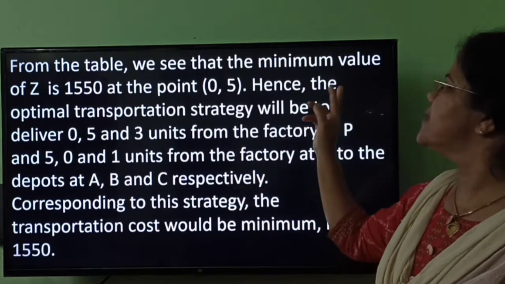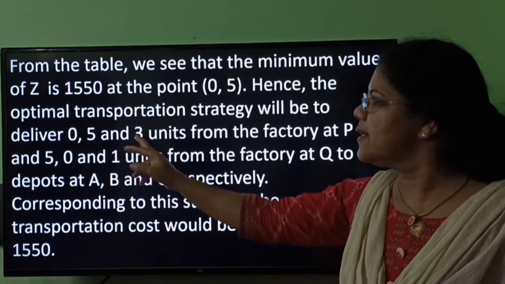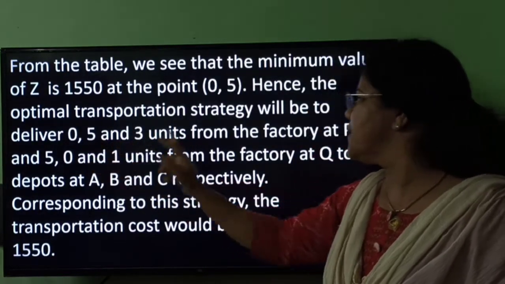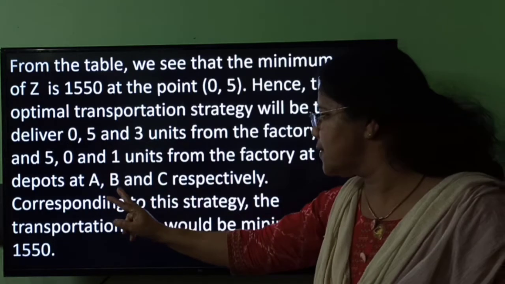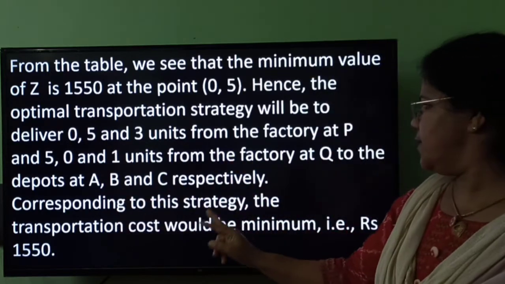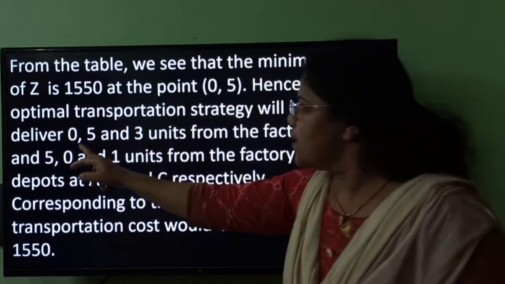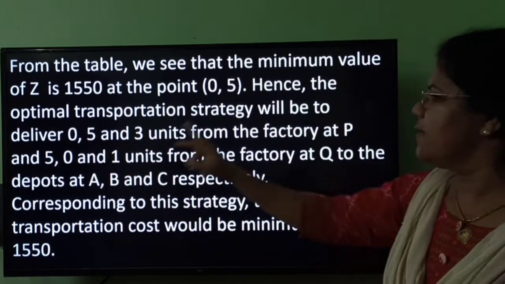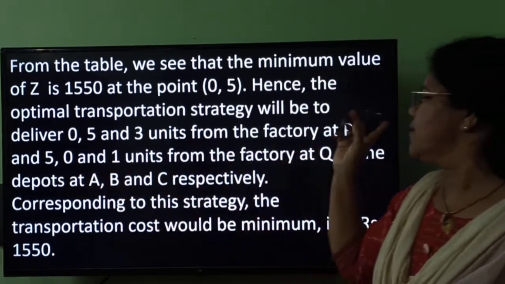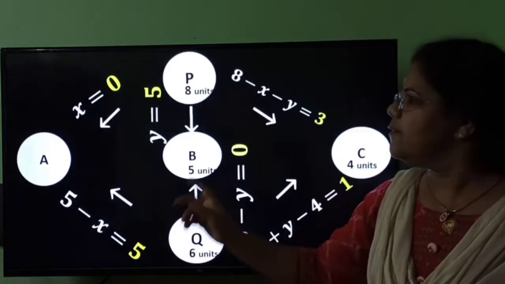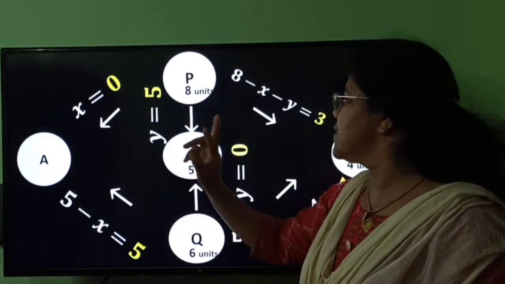Now from the table we see the minimum. This is the answer for that. This one is already calculated and kept: from factory P to A, B, C it is 0, 5, 3, and from factory Q it is 5, 0, 1. Let us go back and see. It will be x equal to 0, y equal to 5.